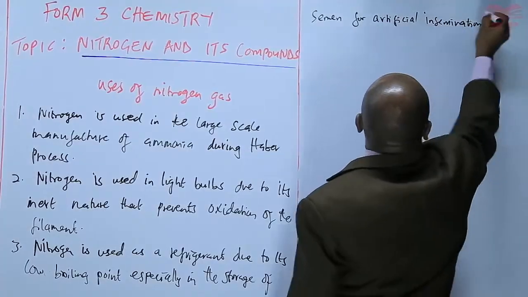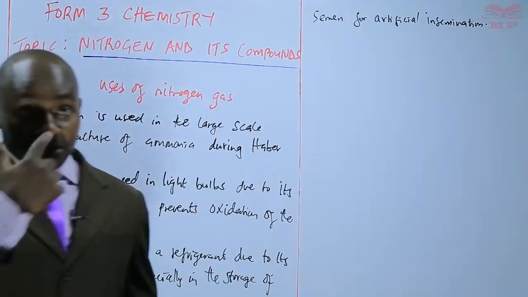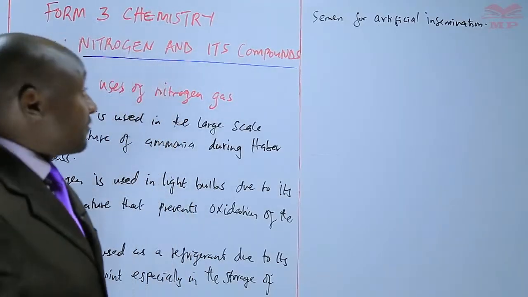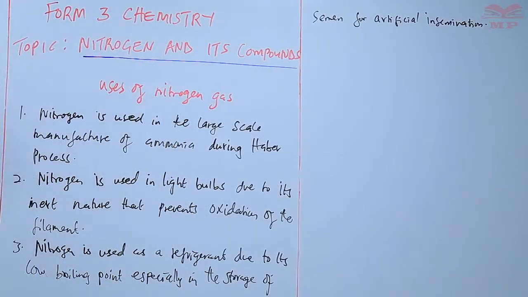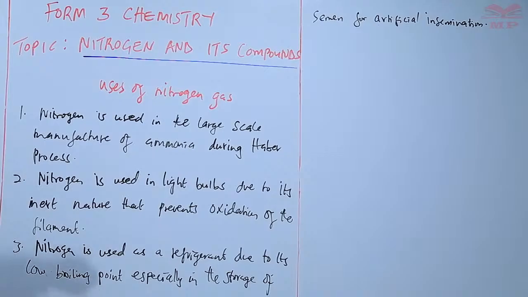So the storage of semen for artificial insemination requires very low temperature, and those very low temperatures can be provided by liquid or liquefied nitrogen, which has a very low boiling point.